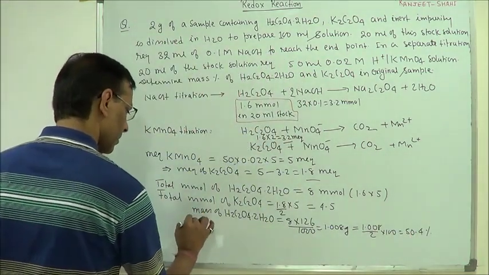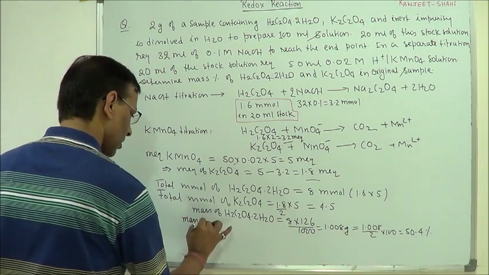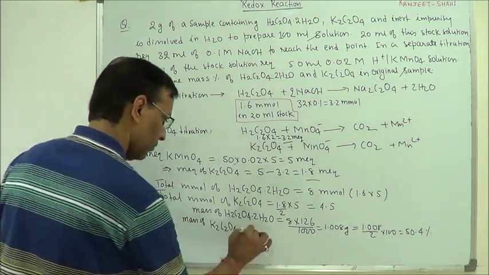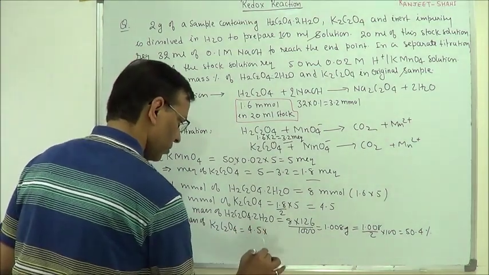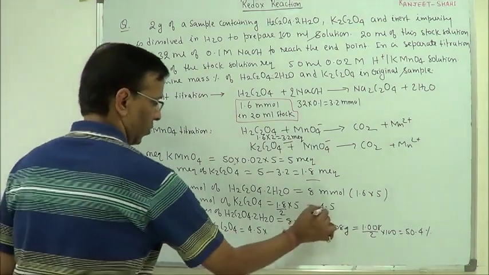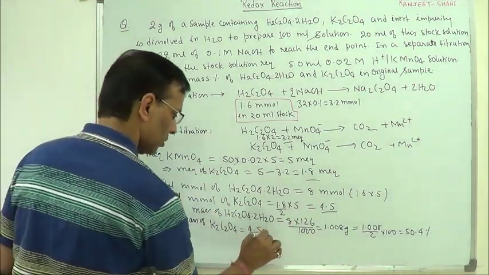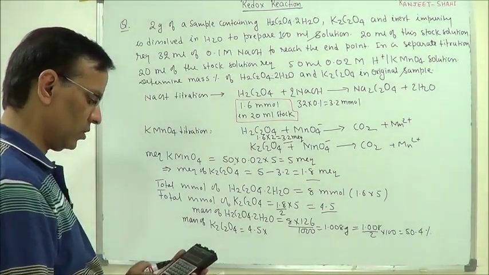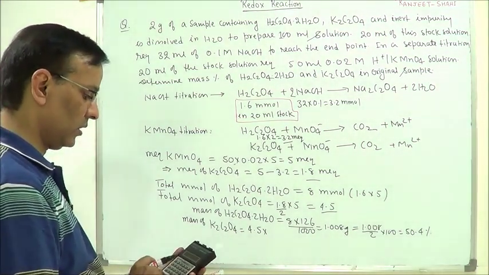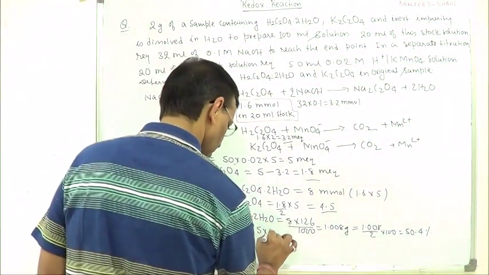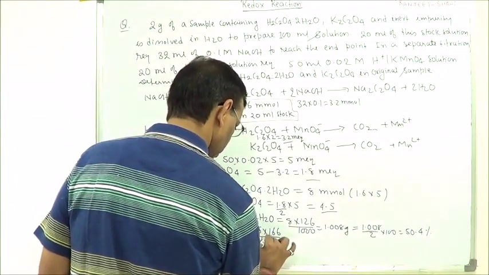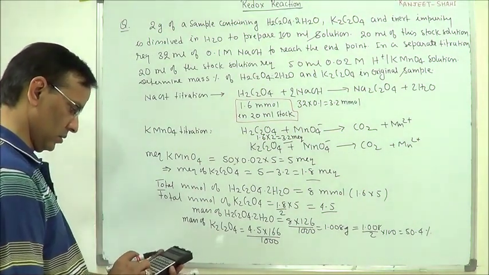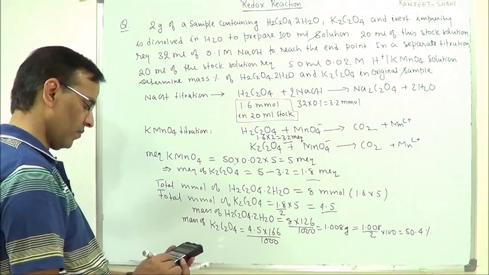Similarly, mass of K2C2O4 will be 4.5 into molar mass. Molar mass of K2C2O4 is 39 into 2, 78 plus 88, 166, upon 1000. 0.747.